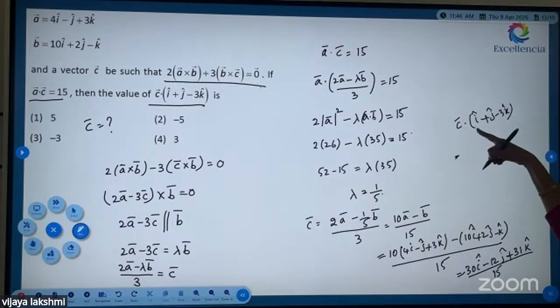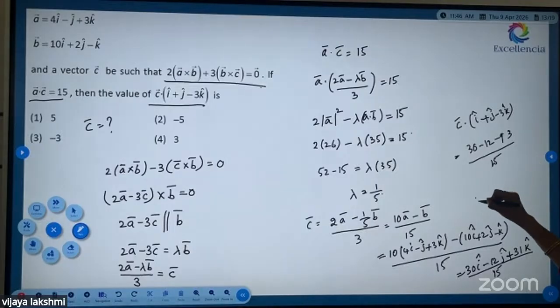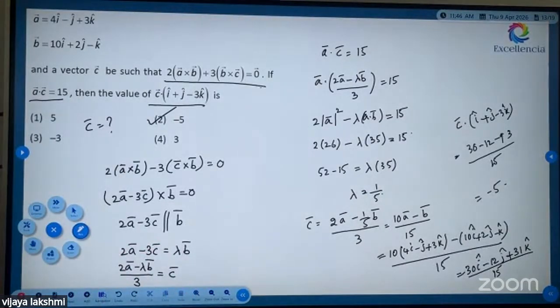Writing the dot product directly: minus 12 and 31 minus 3, it is 9, so the answer is minus 5. Okay, this is also a direct question only, not very complicated. Three conditions are given, and without doing any heavy calculation, you can get it.